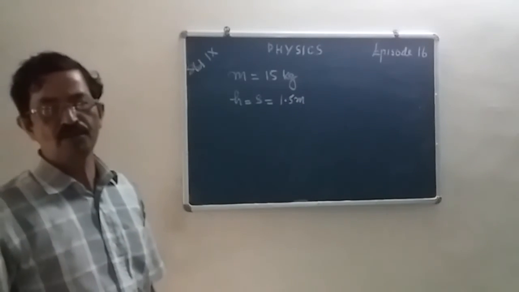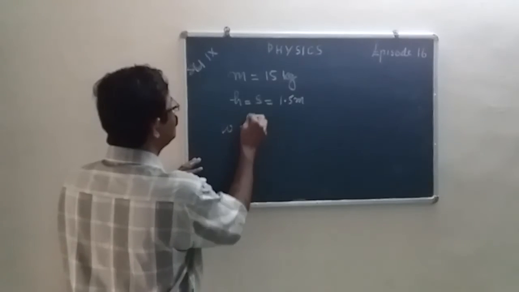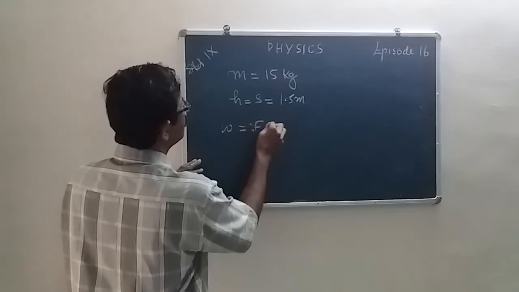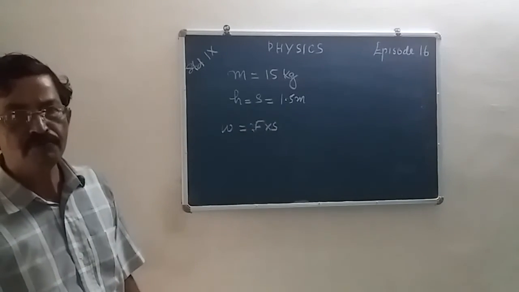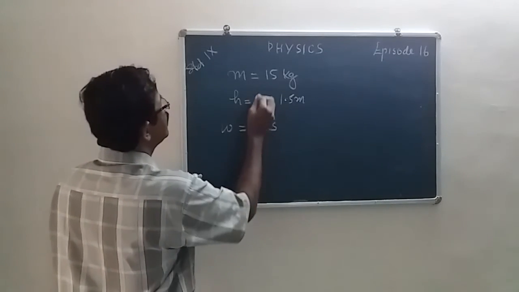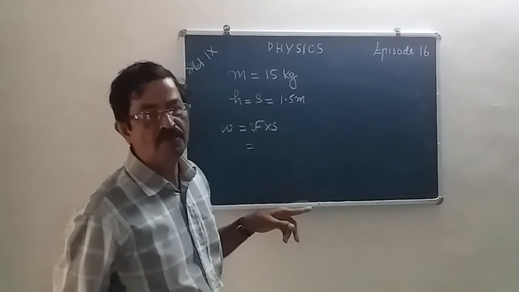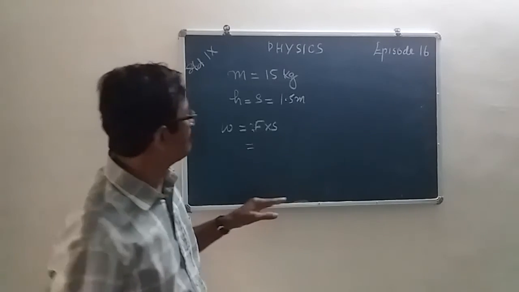Now we want to find the work. Work W is equal to F into S. See, F is not given here, but F is actually the gravitational force.